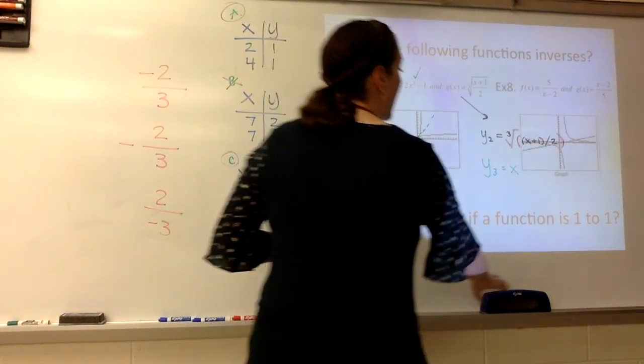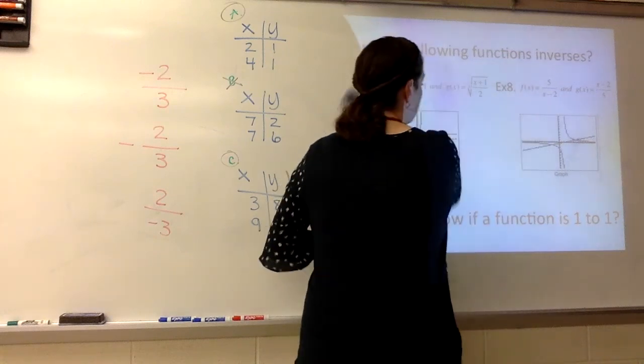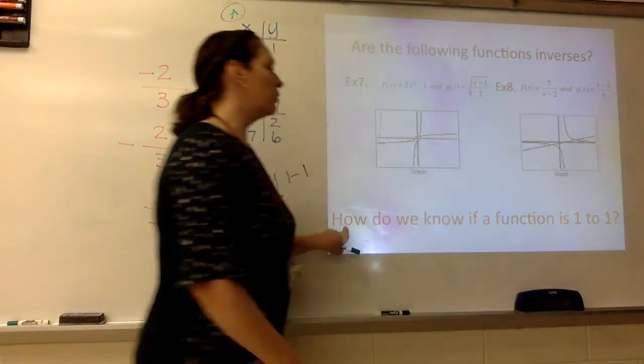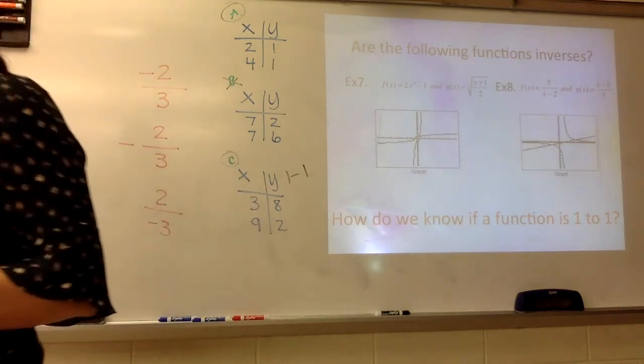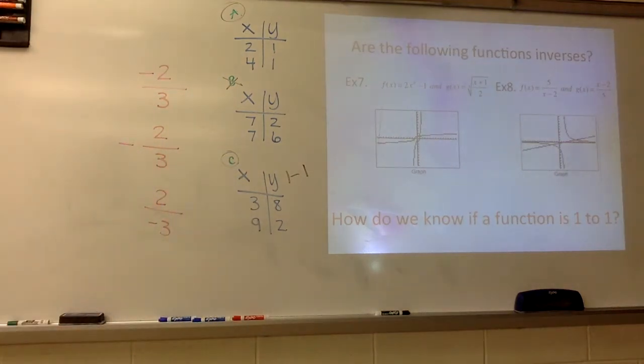Okay, now at the bottom I just have a little caveat here, kind of to connect all the dots. How do we know if a function is one-to-one? What makes a function one-to-one? The original function has to pass the horizontal line test.